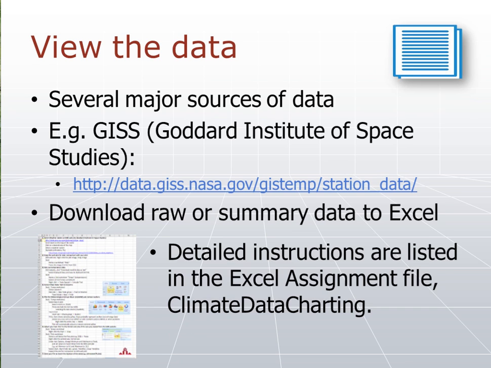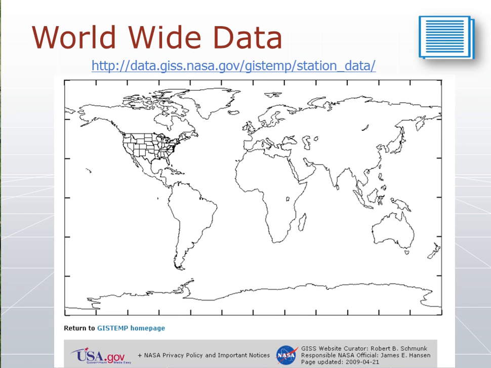There are several major sources of temperature data, including the Goddard Institute for Space Studies. Detailed instructions for how to download this data and chart it in Excel are included in the Excel assignment file, Climate Data Charting. At the Goddard website, you will scroll down until you find the world map.